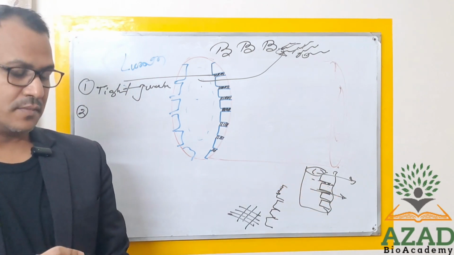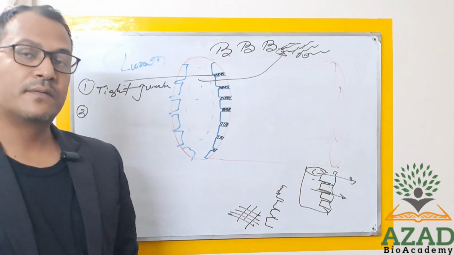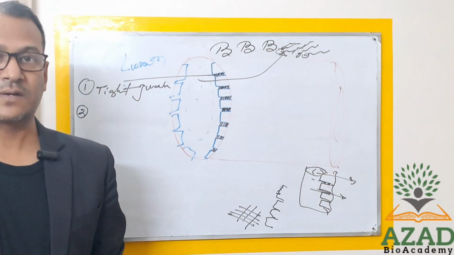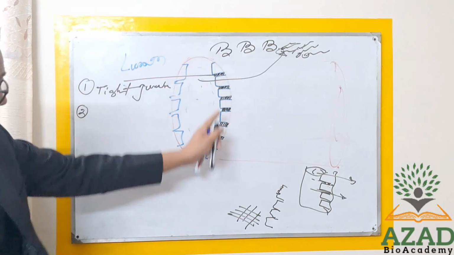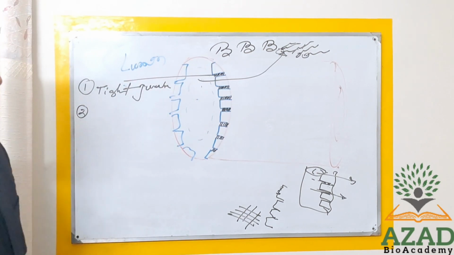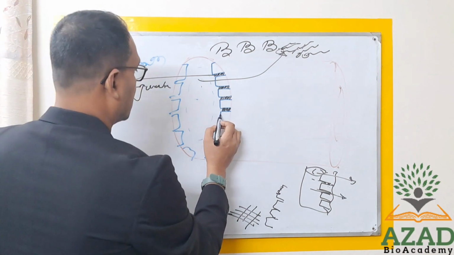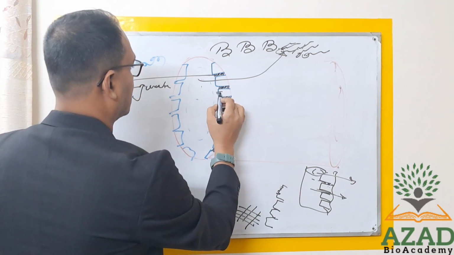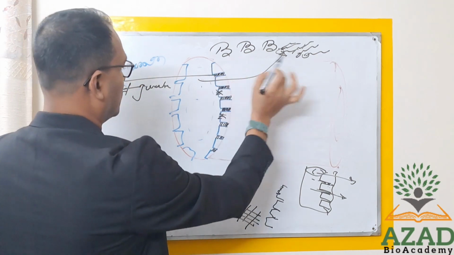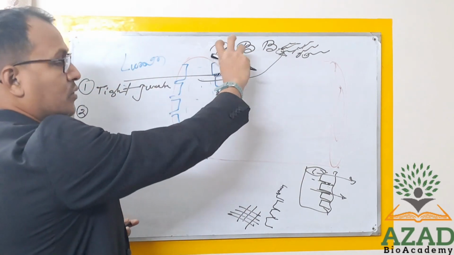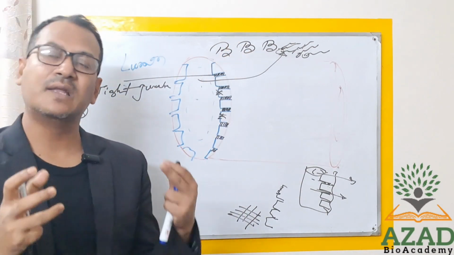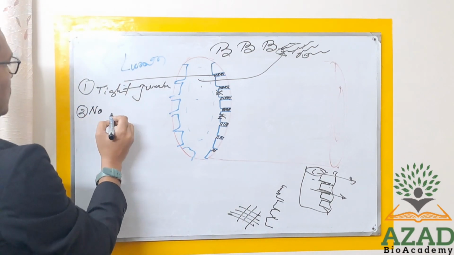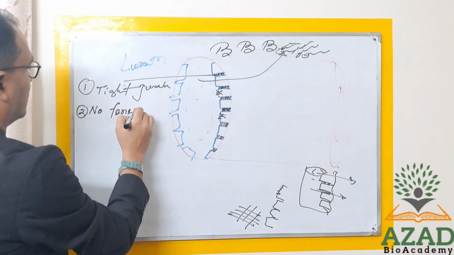In continuous blood capillaries, the fenestration is less than in other special fenestrated capillaries, but here within the brain, the blood capillaries have no fenestration. No fenestration. Okay, no fenestration. That is no pore or very limited pore. You can say no pore. So no fenestration.